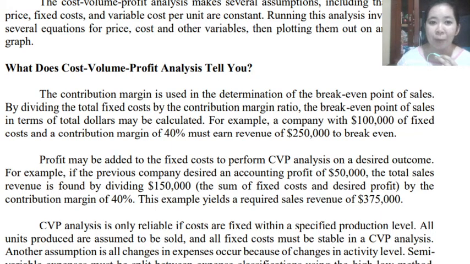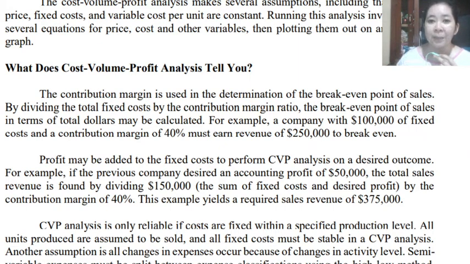For example, if in the previous illustration the company desires an accounting profit of 50,000, the total sales revenue is found also by dividing 150,000, the sum of our fixed cost of 100,000 plus the 50,000 desired income, by the contribution margin ratio of 40%.